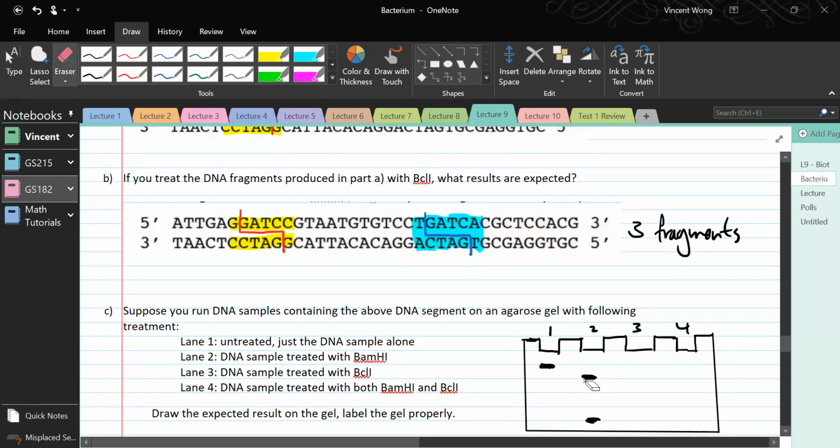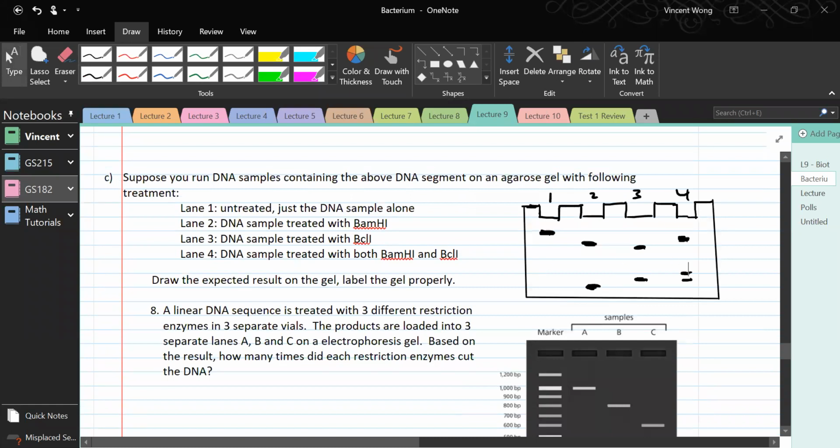Okay, so that corresponds to the longer one, and that's the shorter one. If you treat it with just BclI, so only this gets cut, right? So you would have a longer one and a shorter one. Okay, so probably similar to number 2. And if you treat it with both, then you would have 2 short fragments and one relatively longer one maybe. So 3 fragments like that. Any questions about how I come up with this diagram?